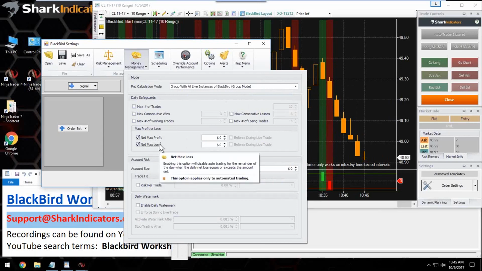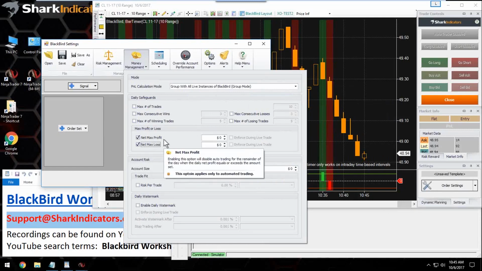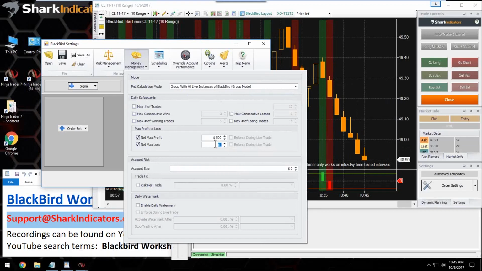So, right. Each BlackBird can have different money management values in here. So like on oil, I could tell the BlackBird running on oil, stop trading after we have a total of $500 in profit, or stop trading if we've lost $300.